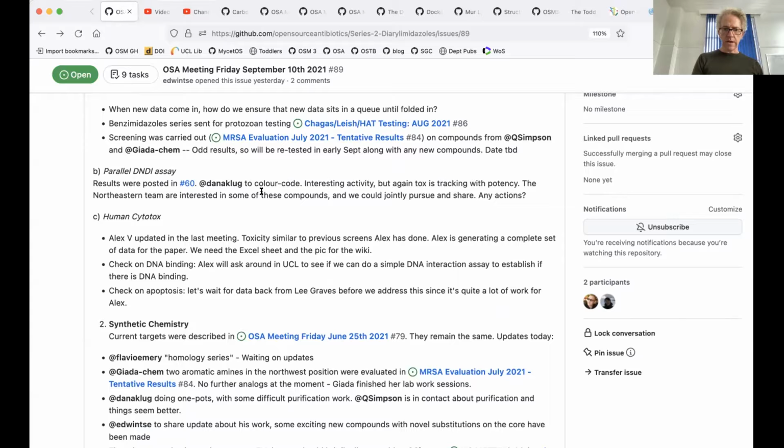And then I guess, again, another thing which I wasn't sure to what extent we were supposed to be doing anything here was on the, oh no, that's the same thing that we were just talking about. Yeah. Okay, fine. So I color coded that a while ago, so I think we can probably get rid of this. And then the compounds in issue number 86 are the ones that we decided to ship following the analysis of those results.